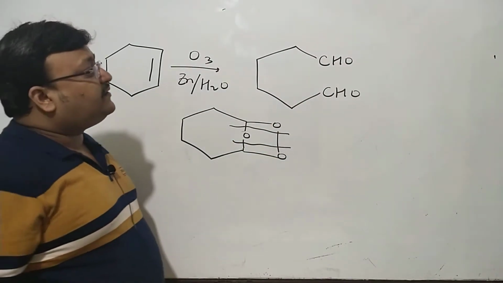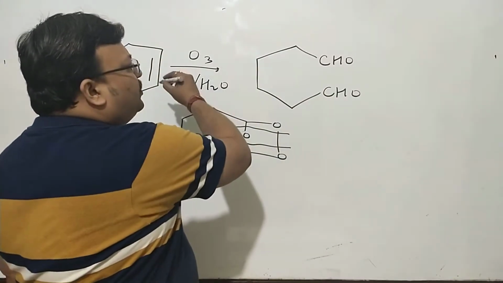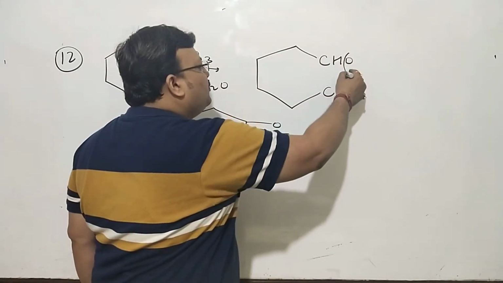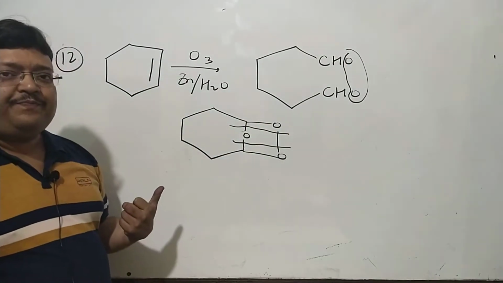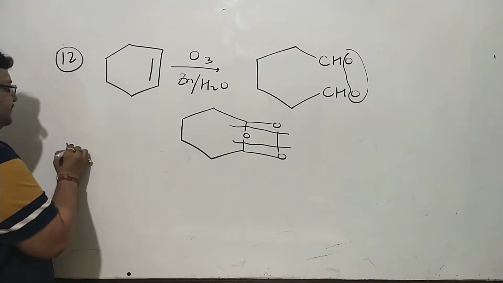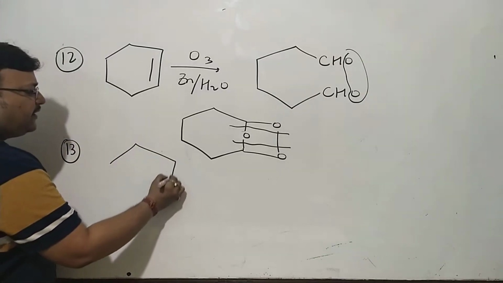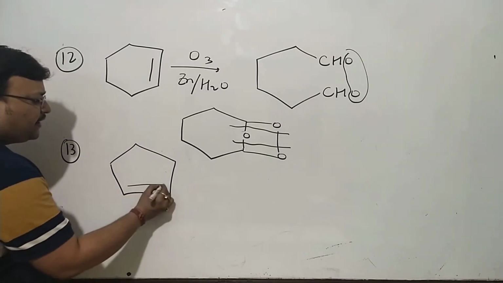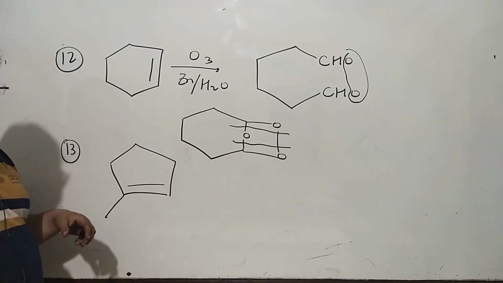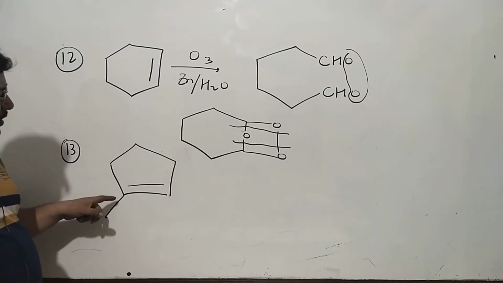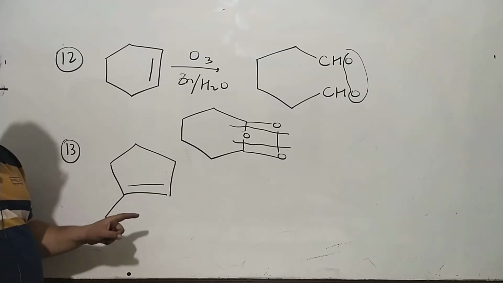Next, when you have to convert it to the original alkene, you will want to just remove these two oxygen atoms and place a pi bond here. If it's a case like a 5-membered ring, cyclopentene with a methyl group here, most of you can now predict it's going to be a ketone group here and an aldehyde group here.